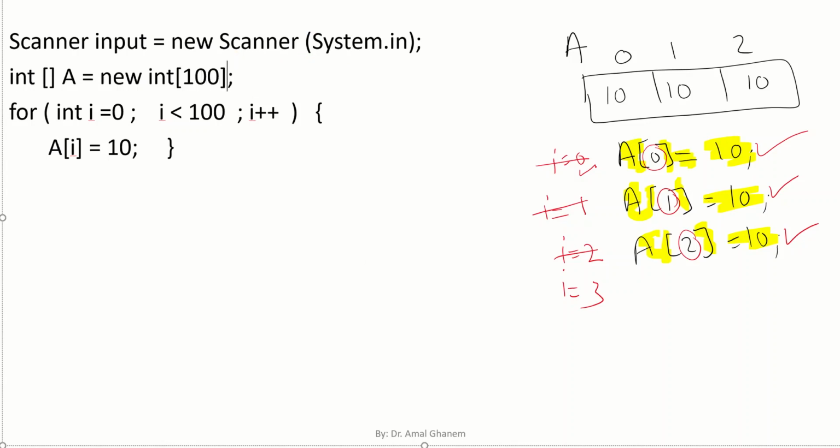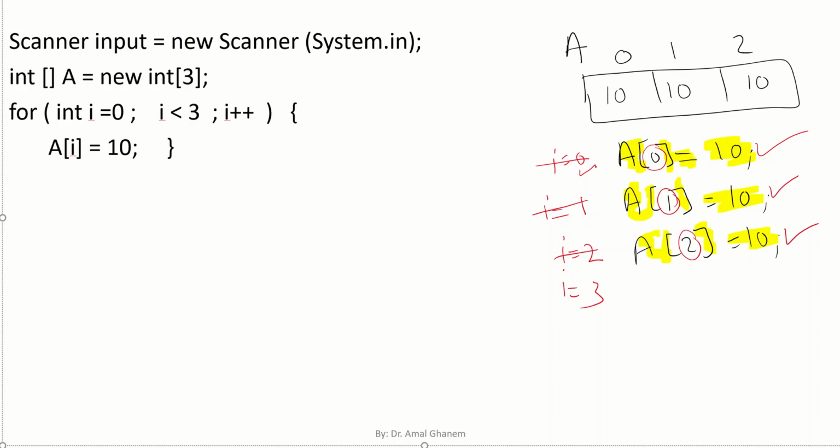And it will do the same job, starting from location 0 till the end of the array. Each element should have the value 10. Let's take this back to 3, and this as 3 as well.